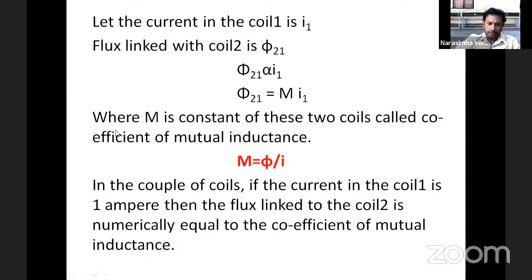M is the constant of these two coils, called the coefficient of mutual inductance. For these two coils we use one constant, valid for both coils, so that is why it is a mutual inductance.